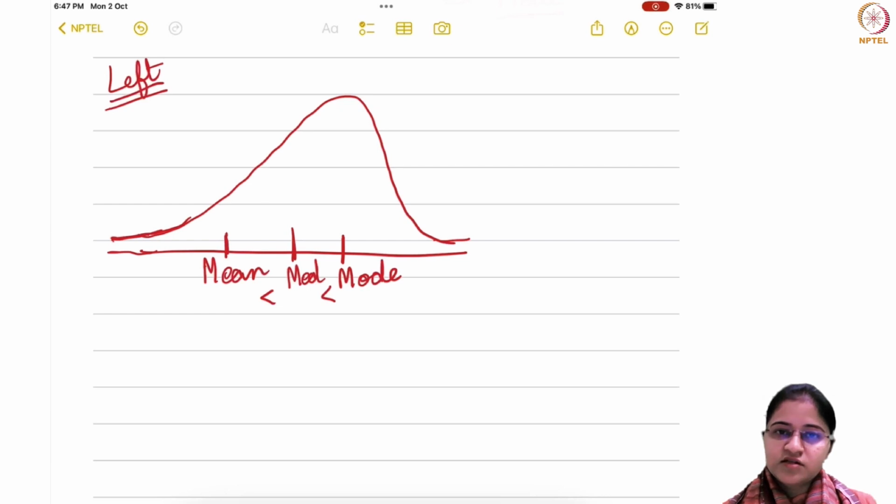Or you can consider an exam where the paper was easy and most of the students performed well, that is why your mode is over here. But still, there are certain students who did not perform well, and they have pulled the mean towards themselves, resulting in the average of the class going down. So that is also one of the situations for left skewness.